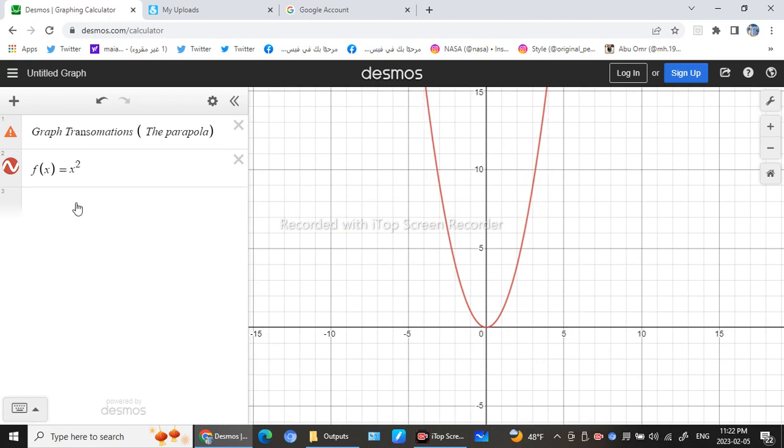Now, what is the effect of replacing the constant here? Of course, the constant here is 1. The factor of x squared is 1. Now, what is the effect of replacing this constant by another constant greater than 1?